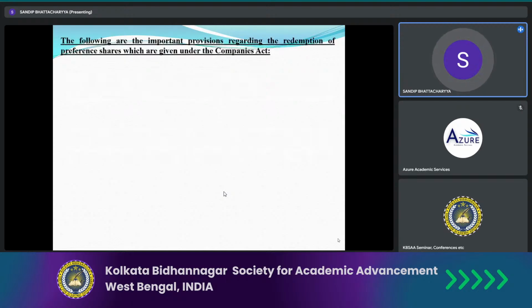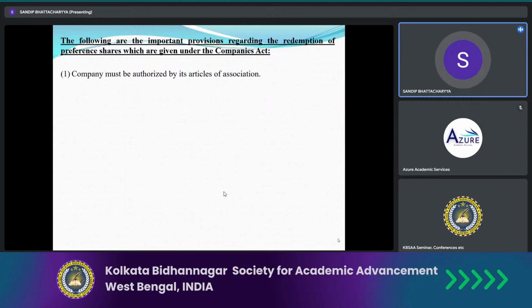Now coming to our next slide, what are the important provisions regarding the redemption of preference shares given under the Companies Act? It must be authorized by the company's articles of association.